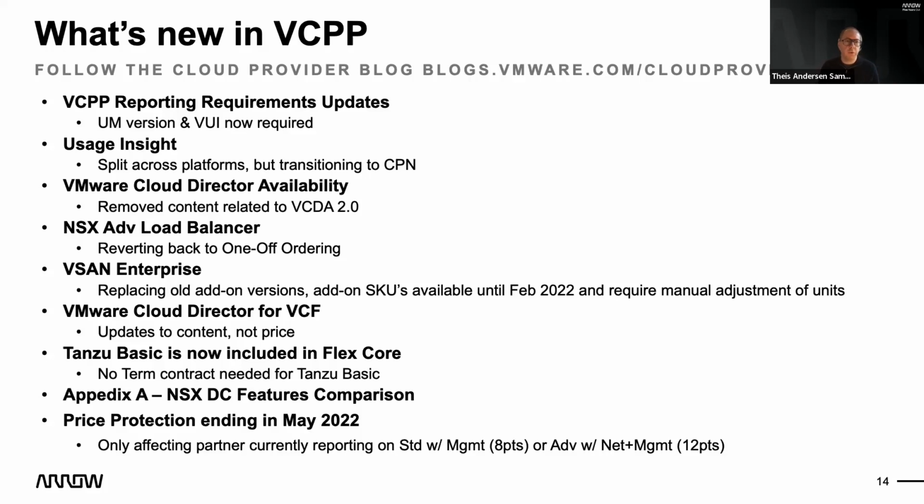Looking at the new Flex Core model, that would end in May 2022. So just be aware if you're reporting on these bundles that the price protection will be ending in May 2022 and the price will be converted into the Flex model price. So just have a note of that.